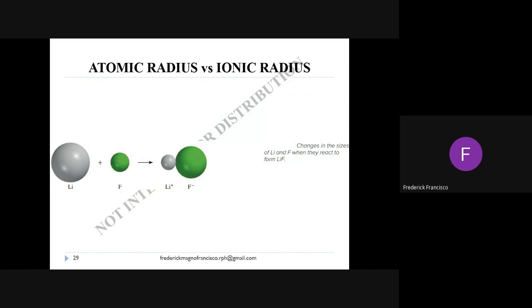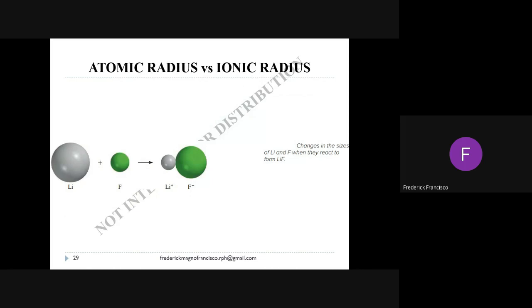When a neutral atom is converted to an ion, we expect a change in size. If the atom forms an anion, its size or radius increases because the nuclear charge remains the same, but the repulsion resulting from the additional electrons enlarges the domain of the electron cloud.